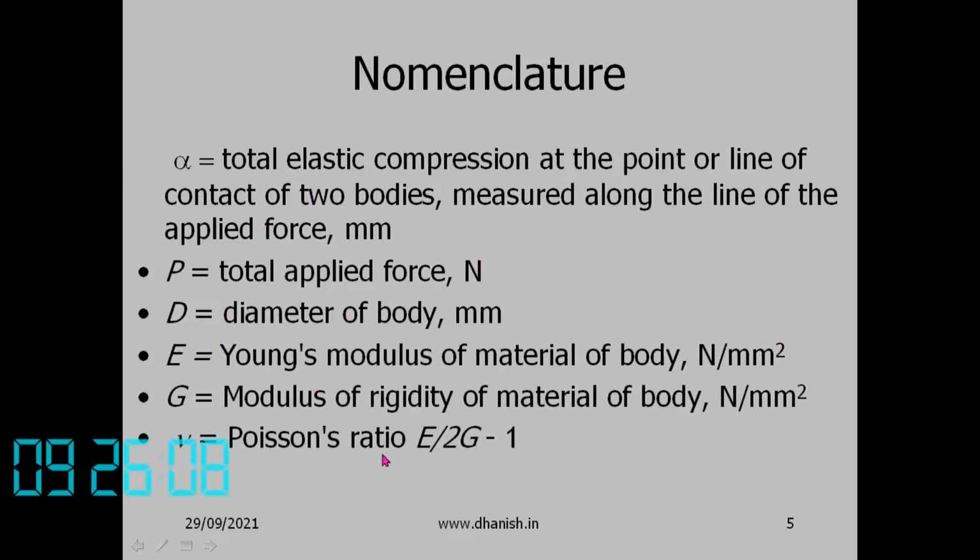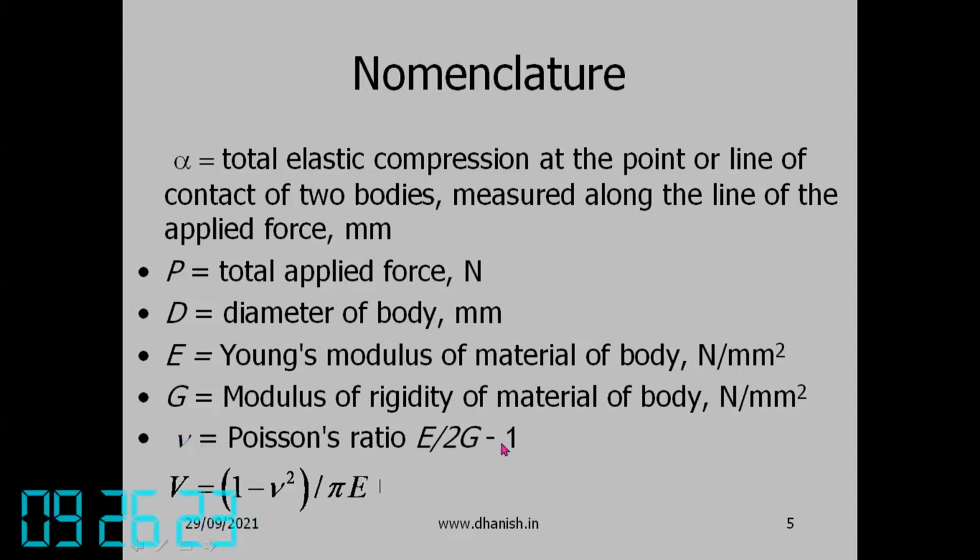Nu is the Poisson's ratio, E by 2G minus 1. So we cannot vary these totally independently. There is a relationship between these. Then in order to simplify the formula, we have a variable called V. There is no name given.